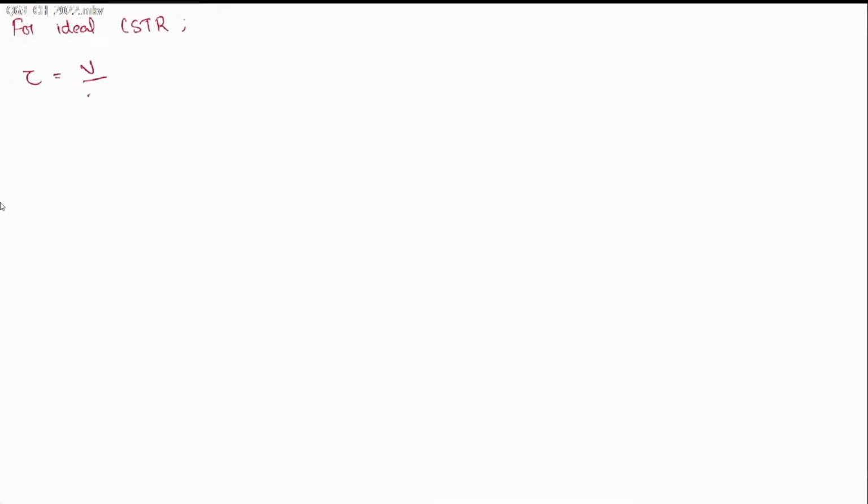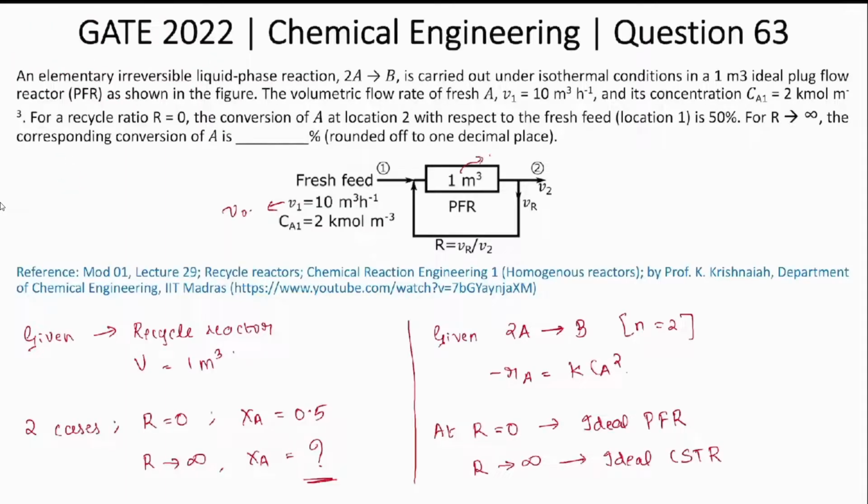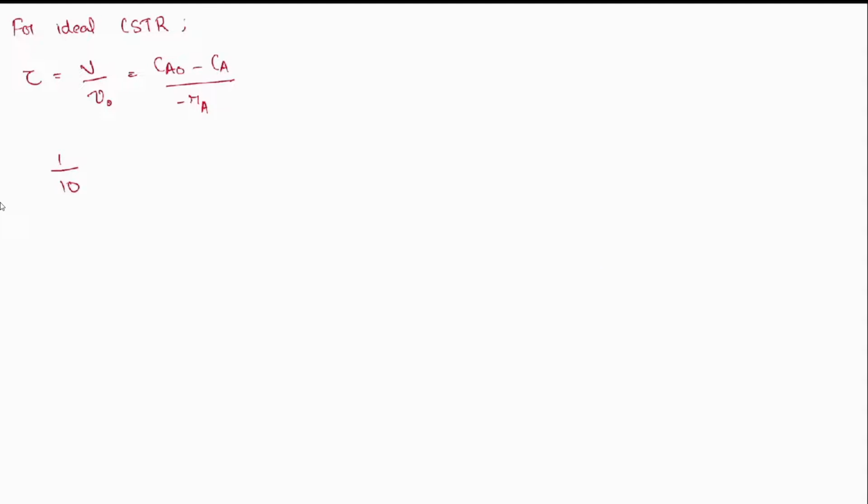Let us take the ideal CSTR case first. The basic design equation for an ideal CSTR is tau equal to V by nu 0 equal to Ca0 minus Ca divided by minus Ra. We take the volume as 1 and nu 0, the initial flow rate, which they have given as 10.